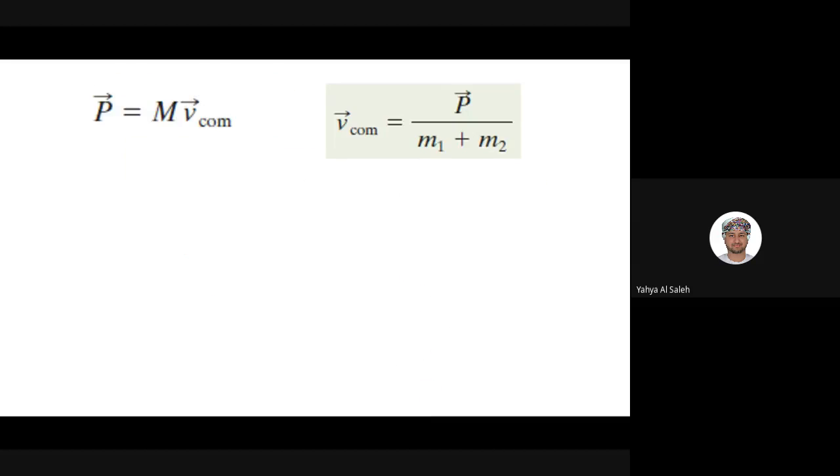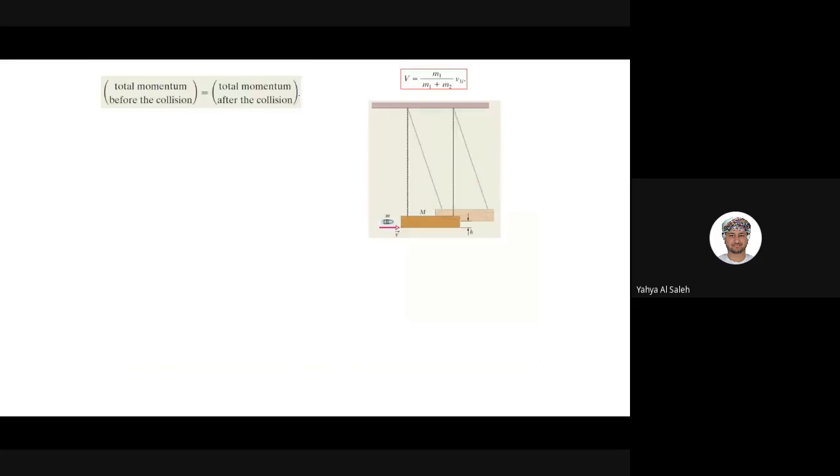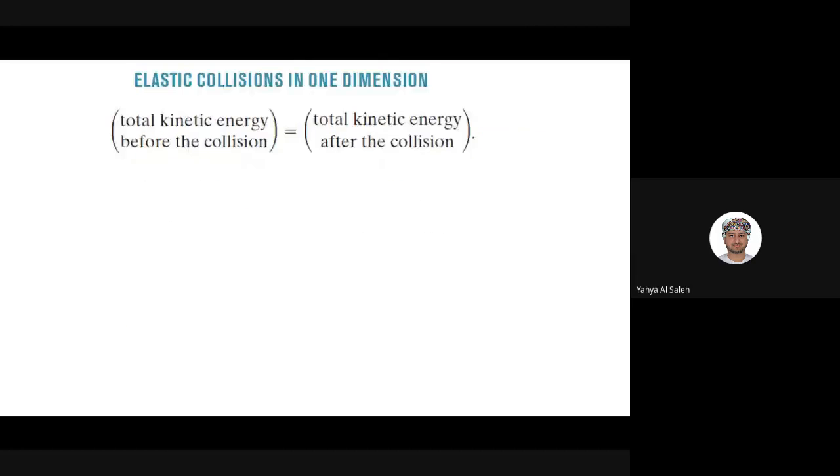Okay, I will skip this and I will come back to it later because we have not done this center of mass yet. Let's look at elastic collisions in one dimension. Okay. If the collision is elastic, and this is especially in a special case, our total kinetic energy before is equal to the total kinetic energy after.